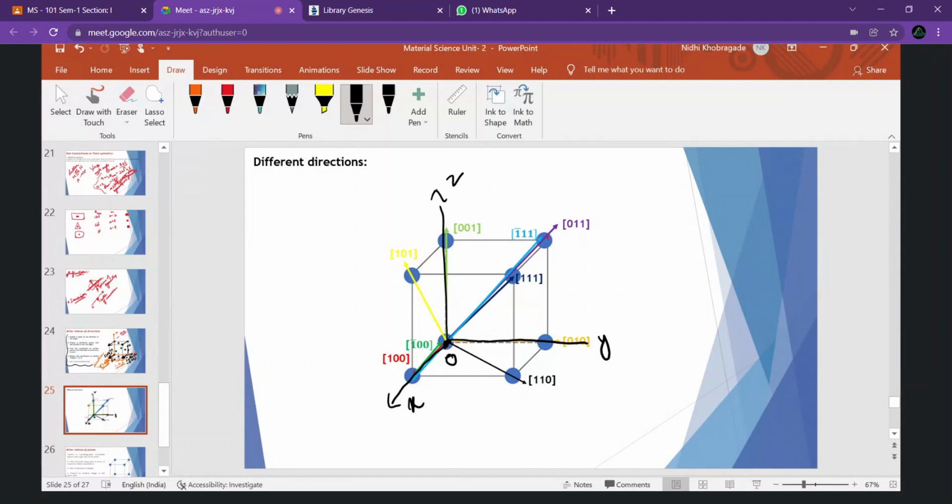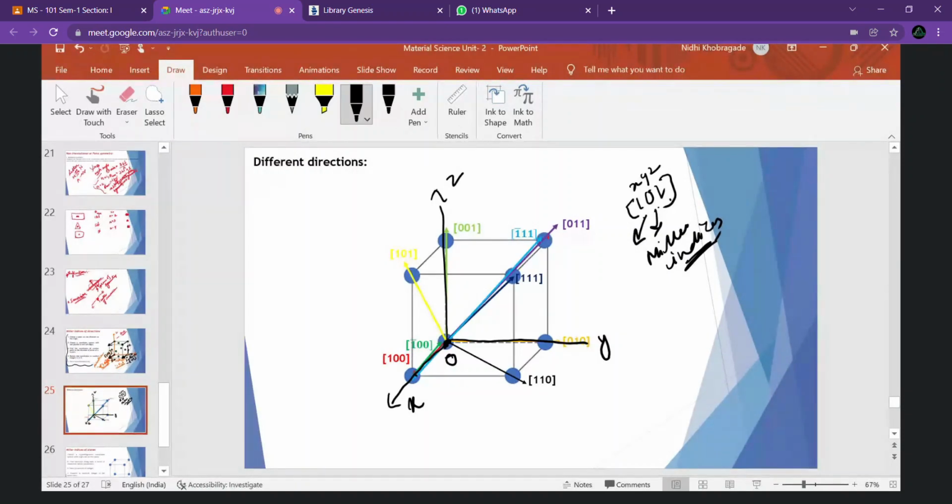If we want to mark 101, given as our indices, we have to mark the particular direction. Here 101 means x, y, z, so it will move in the positive direction. Here it will move from this to this.